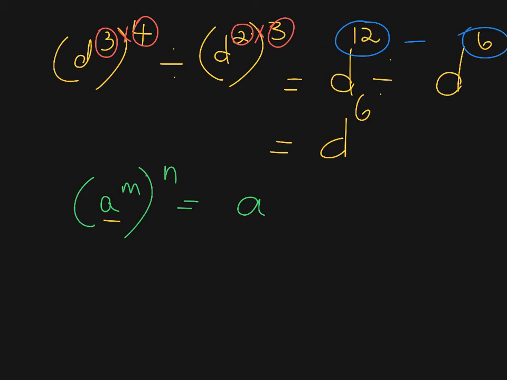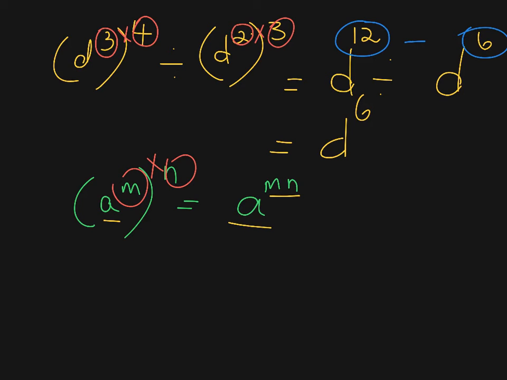So in this case, it would be MN. That's why it's really important that when we're raising these powers and when it's in brackets, we know that these two things are multiplied together. So to simplify it, we would go A to the power of mn.